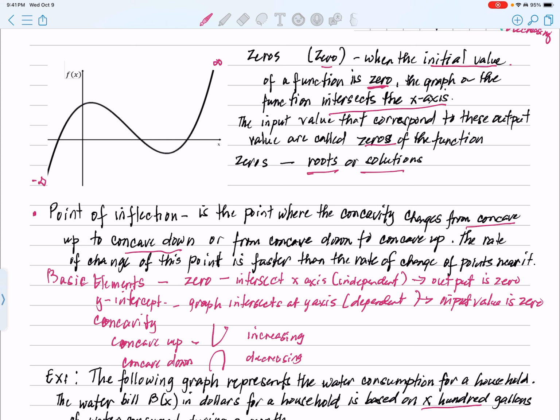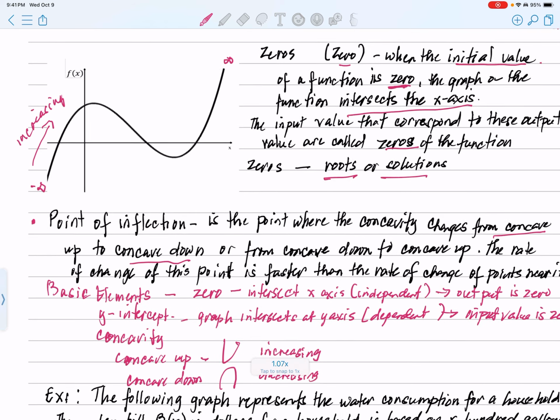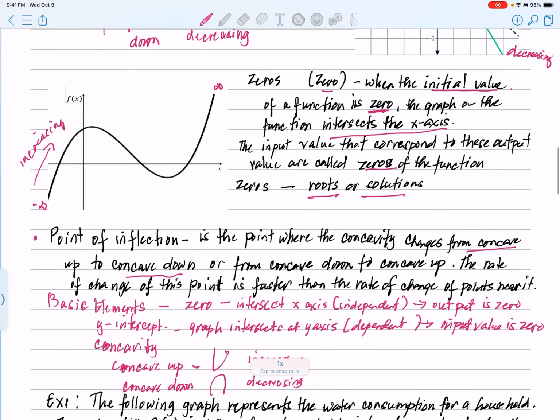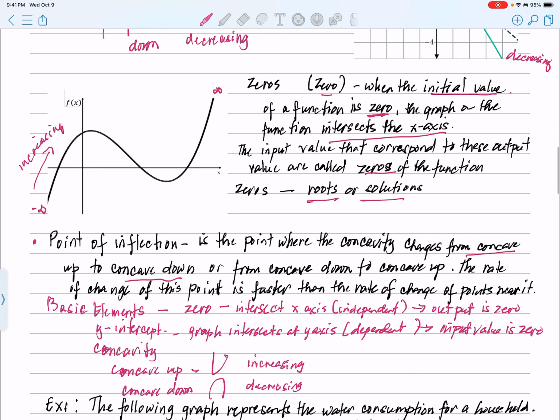So if we look at this graph right here, this point right here, we can tell that this is increasing. Okay, I will make this bigger. Increasing. But when it reaches this point, the x is 0.